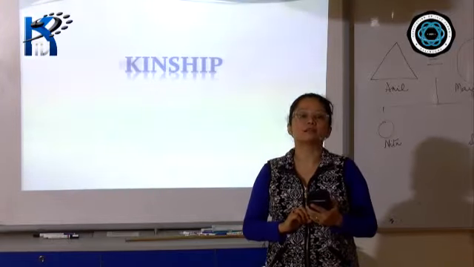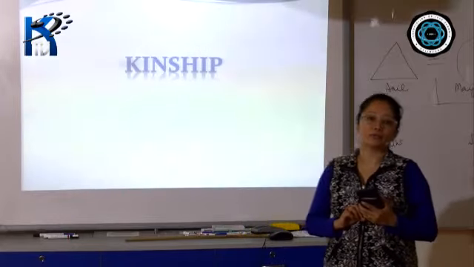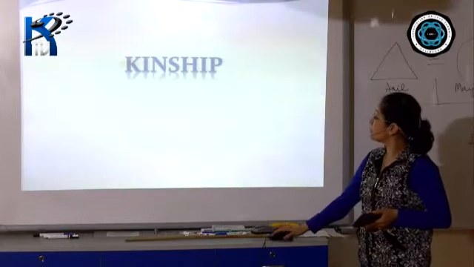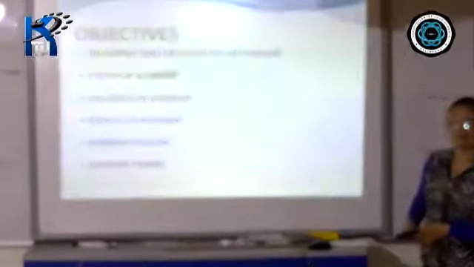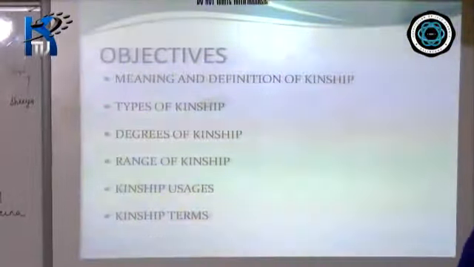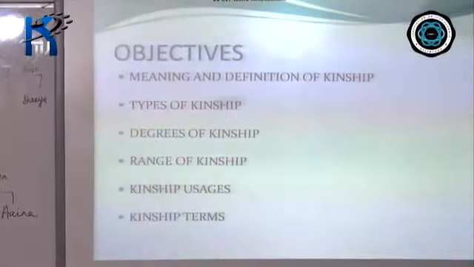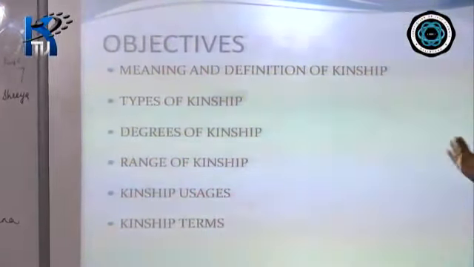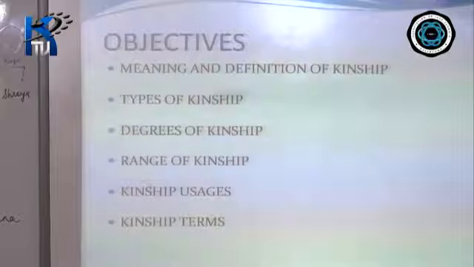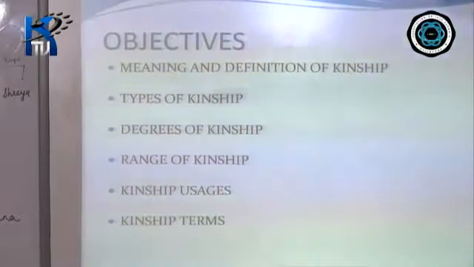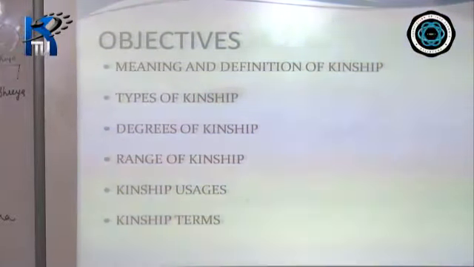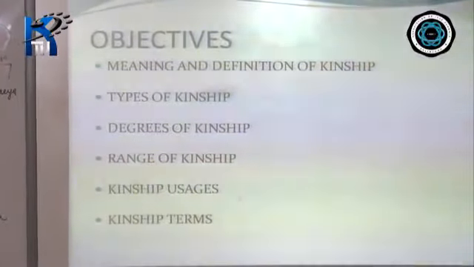So let's kickstart today's session with the study of kinship. Here I have just made an outline. When we study the chapter kinship, we will definitely learn about the meaning, the types, the degrees, the range, the usages, and the terms, which are again, as I had explained earlier, there in your syllabus.